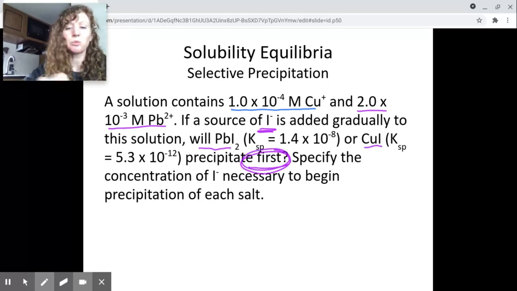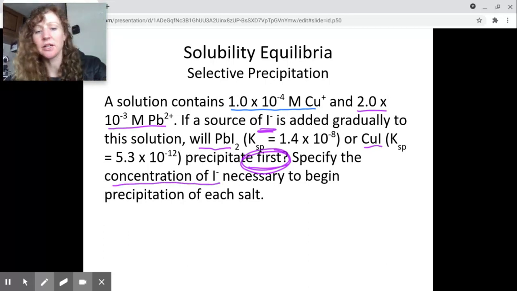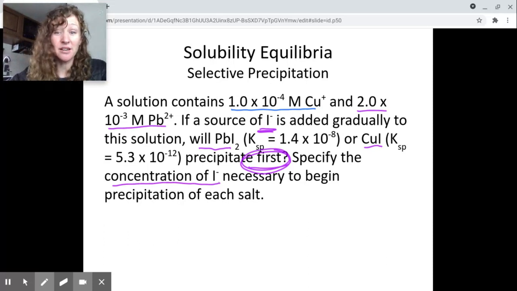So which one will precipitate first? Specify the concentration of I minus necessary to begin precipitation of each salt. Okay, this one is kind of an application. It would be a good place to pause and see how far you can get on this question by yourself.